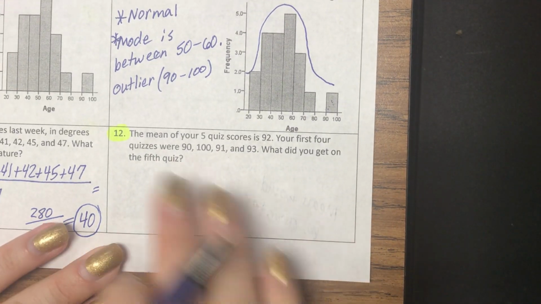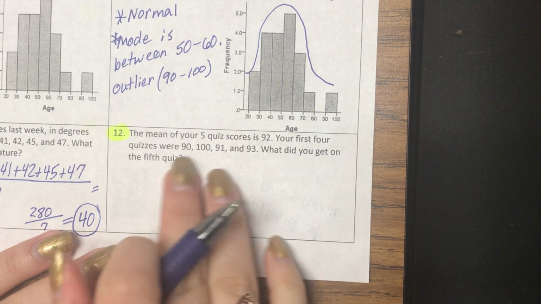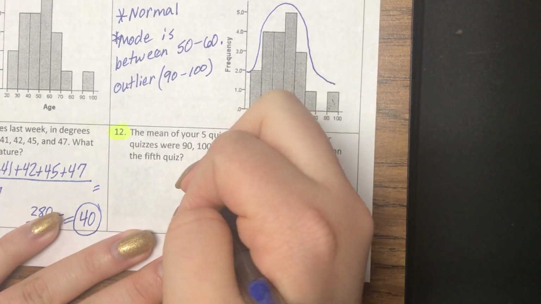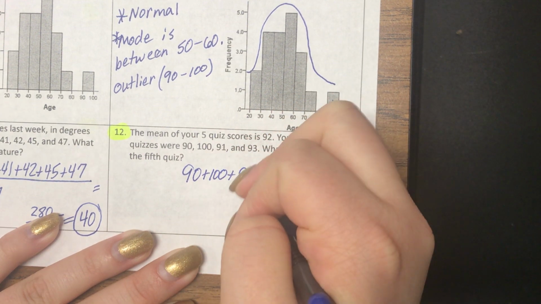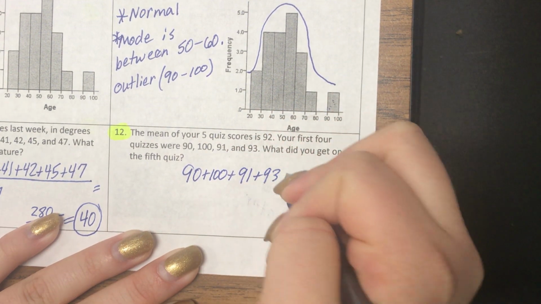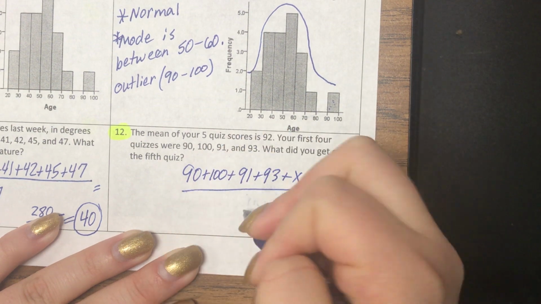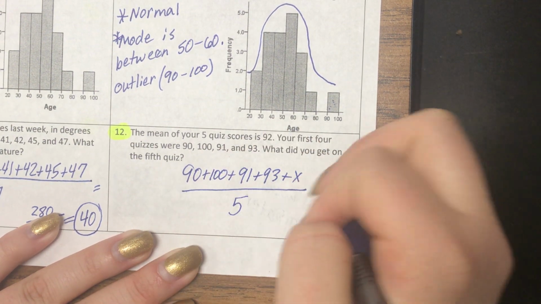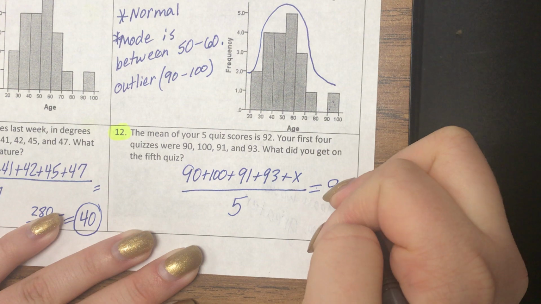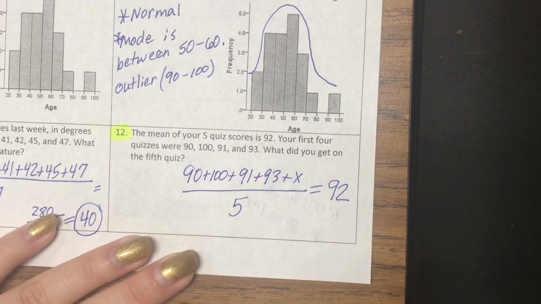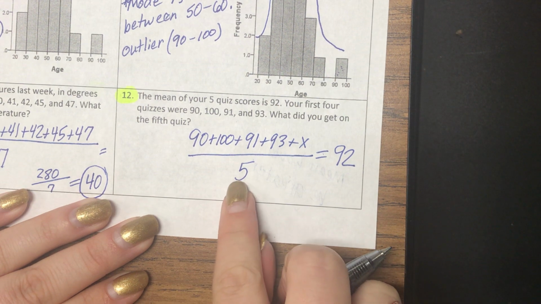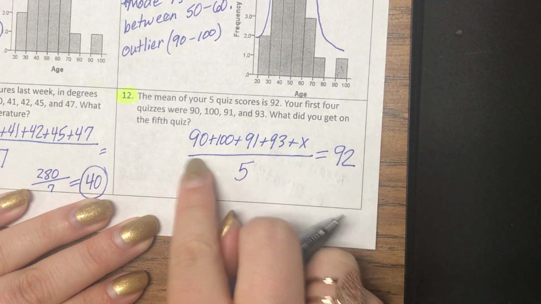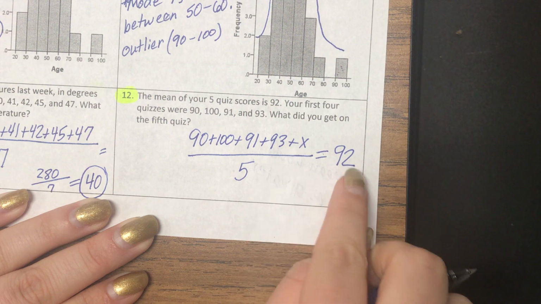Okay. Number 12. Now what happens when we need to find the mean, but we're missing one of the data values? We set it up like we normally would, 90 plus 100 plus 91 plus 93 plus x, because we're missing one of the values, divided by 5 is equal to what we're given, the mean is 92. We have to solve this like we would equations. So we are going to multiply the 5 by the 92, because the opposite of dividing by 5 is multiplying.